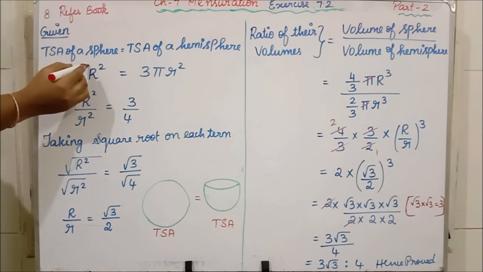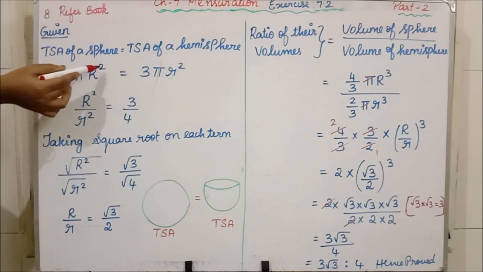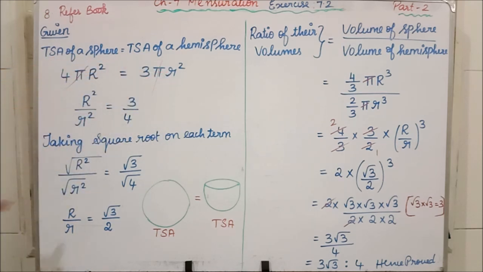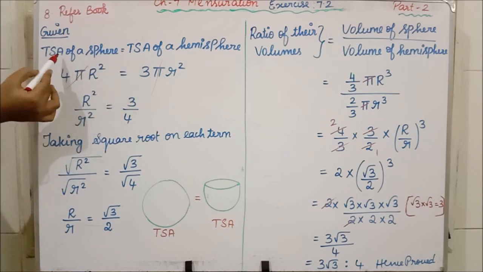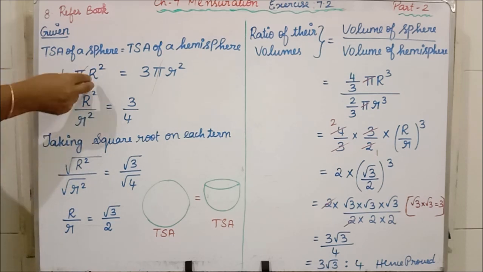Now see what values I am cancelling. I am cancelling the pi here and also here. So what is there? Capital R square, and bringing the small r square down, is equal to 3 and taking the 4. What they are saying, we need first capital R value and small r value, isn't it? Now I don't want this square, so I'm going to take square root on each term.